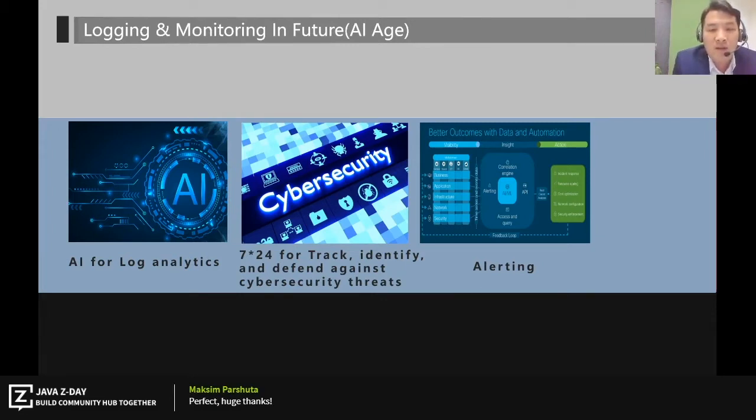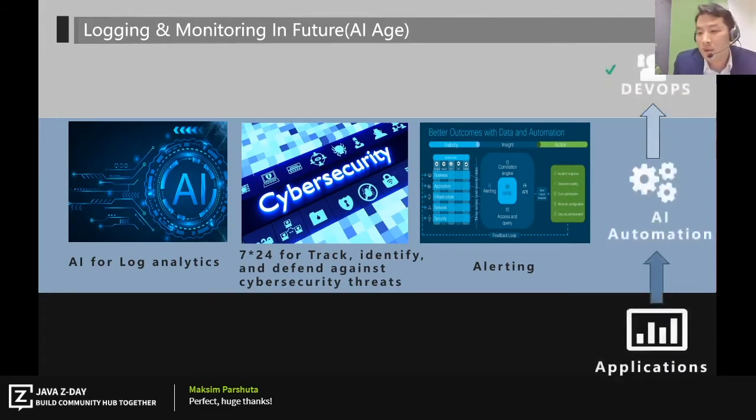Once AI finds some issue, it can alert people with social media like WeChat, and email and other notification tools. Let's see the workflow here. Application sends logs and metrics to the AI automation, and AI automation will do some processing. The DevOps only makes the decision.